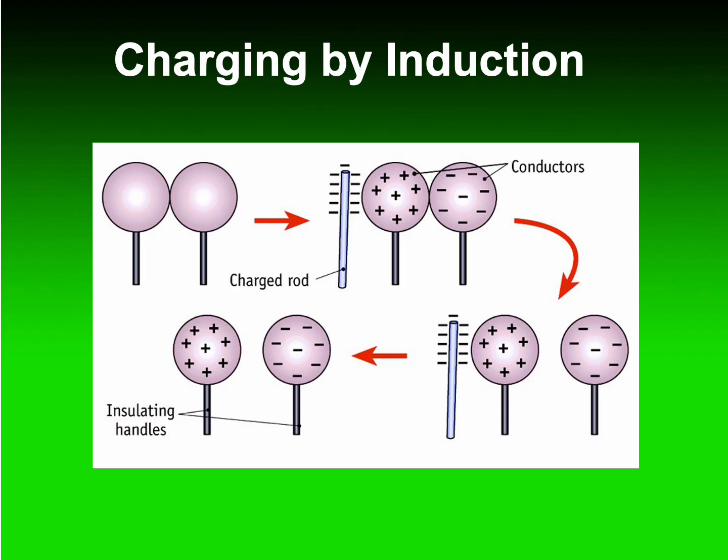So if we want to cause a single extra charge on a conductor, we can charge by induction. So here, if we have two conductors next to each other, bring a charged rod up to it, what's it going to do to the left-hand sphere? We're bringing the charged negative rod up to the left sphere.